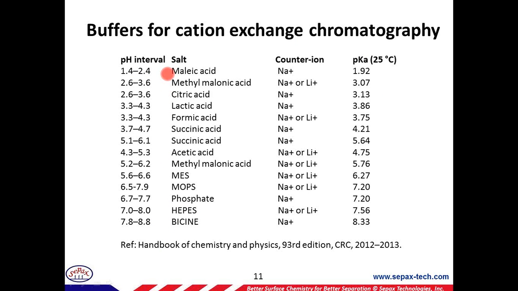A lot of times, when you're running native protein or mAb separations, the low pH range may not be applicable, because a lot of proteins are not stable at a very low pH. They tend to be degraded, or at a much higher pH you get deamidation. So when you want to run a native separation, you want to use the middle part here, with buffers maintaining the pH for the separation.